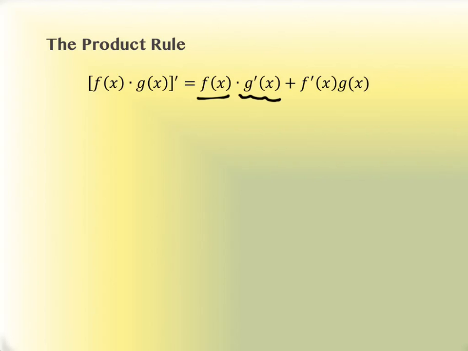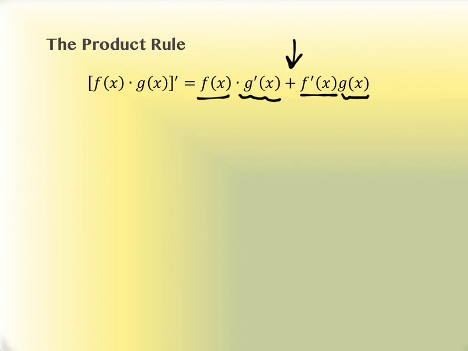We multiply that by the derivative of the second function. And we do the exact same thing in reverse order. So now we take the derivative of the first function and multiply that by the original second function. And this is a sum of those two features.